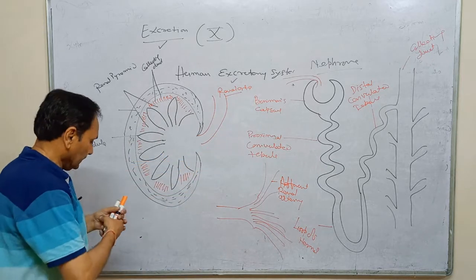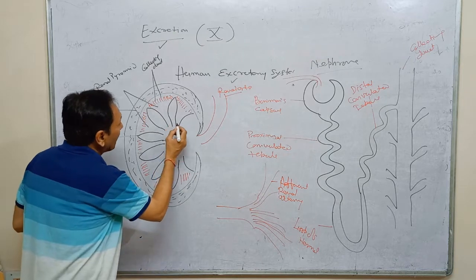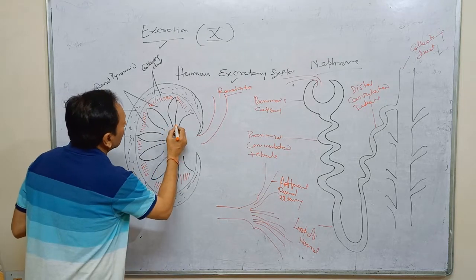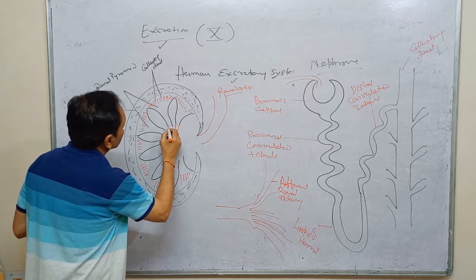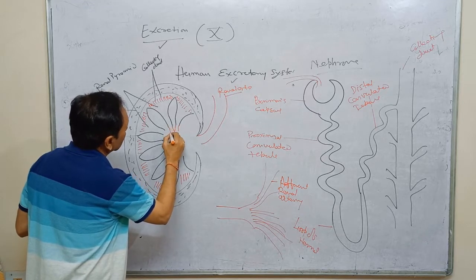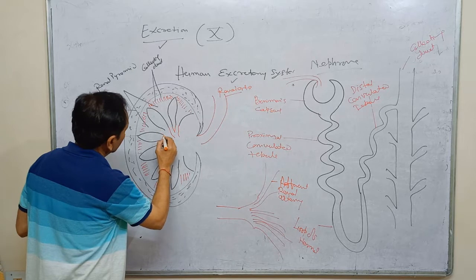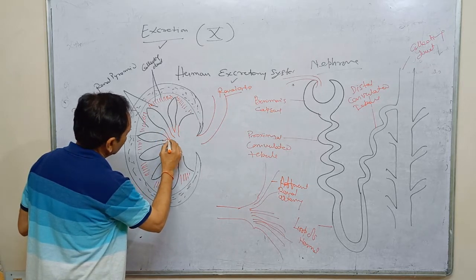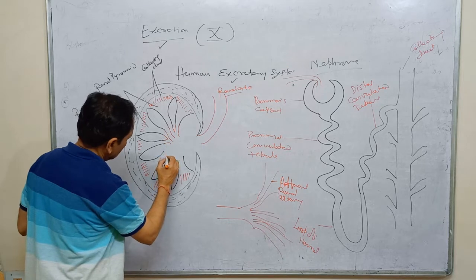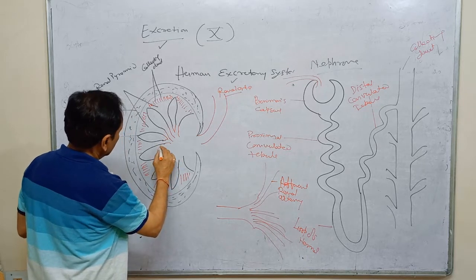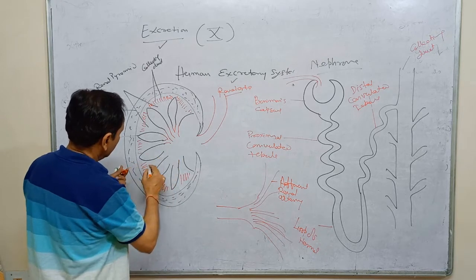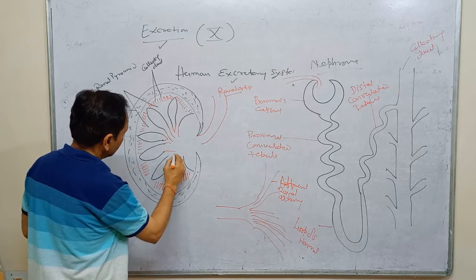Now come here. Each and every one opens into the, see here, 2 into 1, here it is also 2 into 1, and it will come like this.